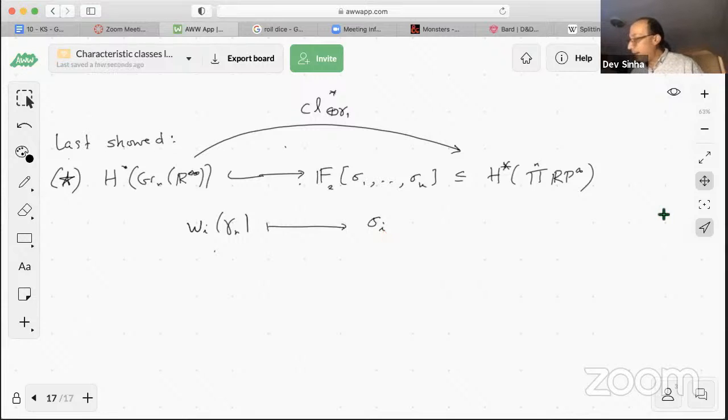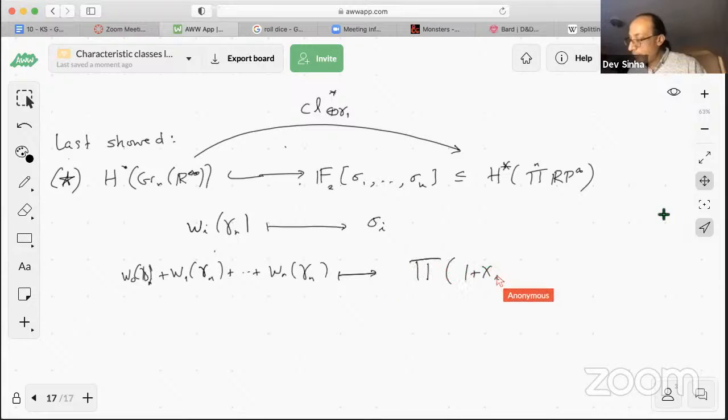And what we can also say is that, in fact, 1 plus w1 plus through wn of gamma n, and we could even call this w0 of gamma n, so this total Stiefel-Whitney class goes to, if you remember how we made the calculation, a product of 1 plus xi, the i-th factor.